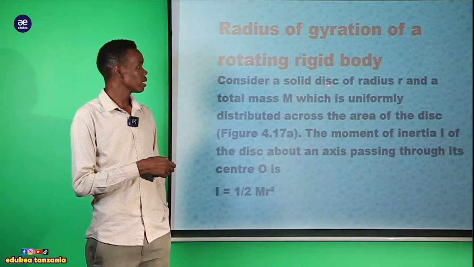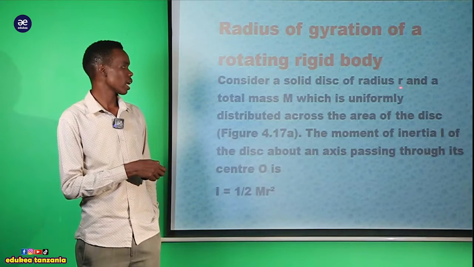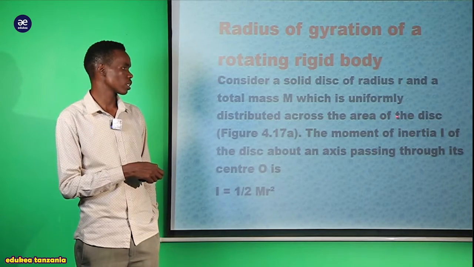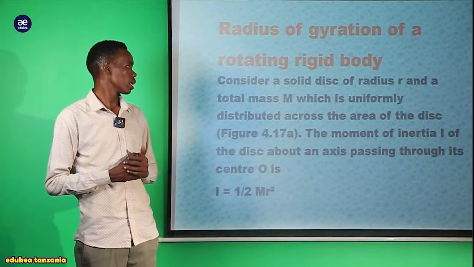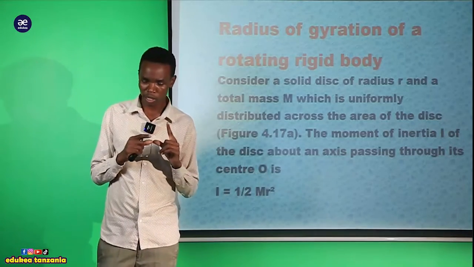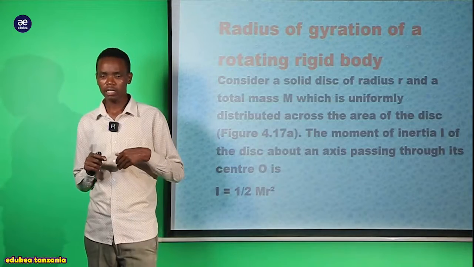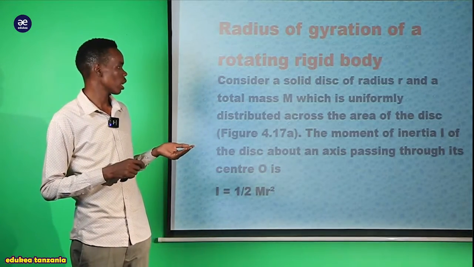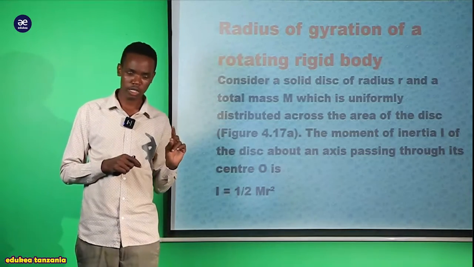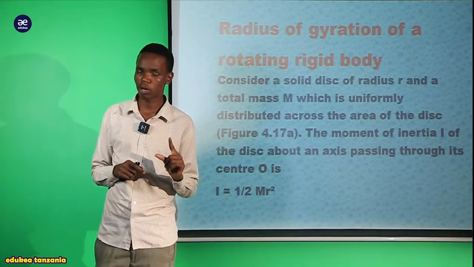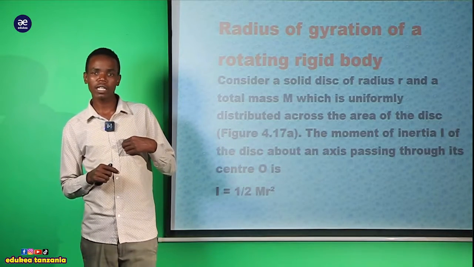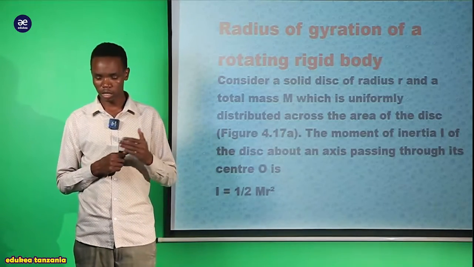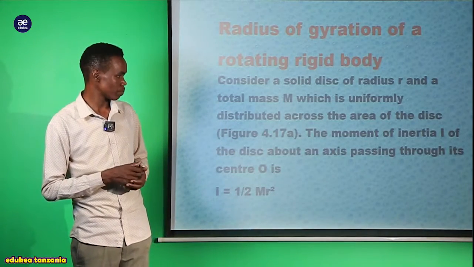Consider a solid disk of radius r and a total mass M, which is uniformly distributed across the area of the disk as shown here. Imagine we have the solid disk, my dear students, containing the mass indicated by the capital letter M, and having the radius represented by the small letter r, as we see here.